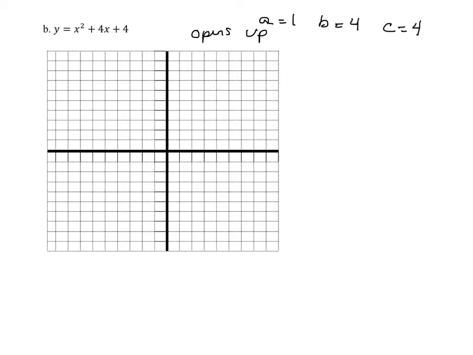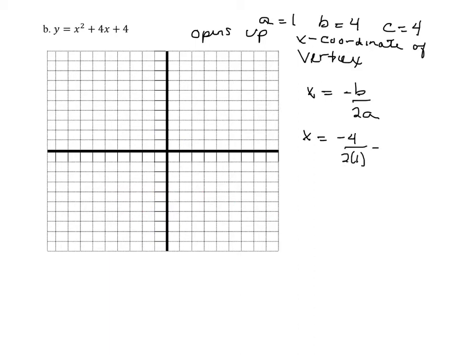We need to get the x coordinate of the vertex. And how do I do that? Well, x is equal to negative b over 2a. So negative b, negative 4 over 2 times 1, which is a negative 2.